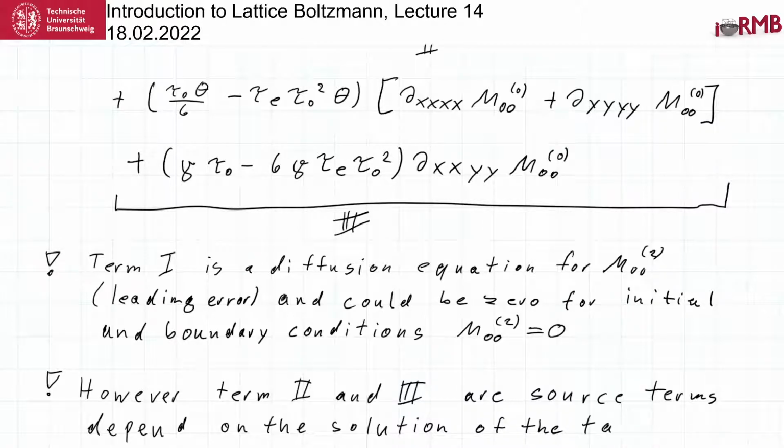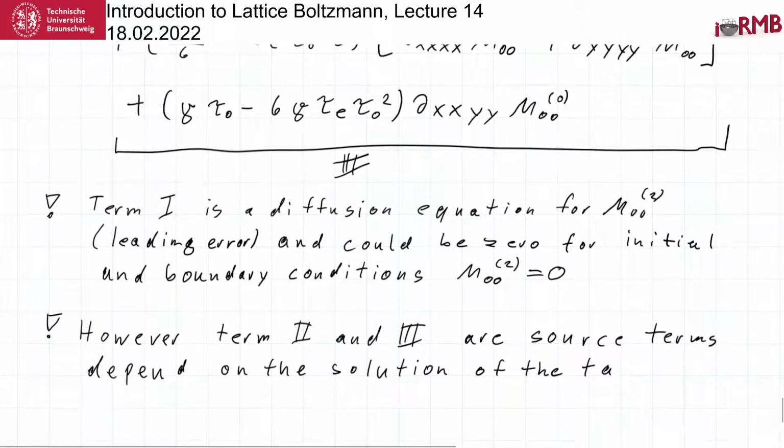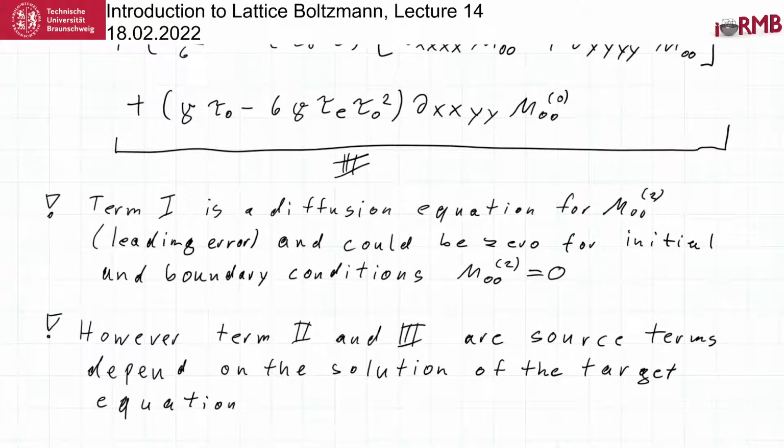And the solution of the target equation is, of course, not in general 0, unless we put initial conditions and boundary conditions for this to 0. So this is what it depends on, and this is therefore not 0 in general, and therefore we have, of course, an error in our method.